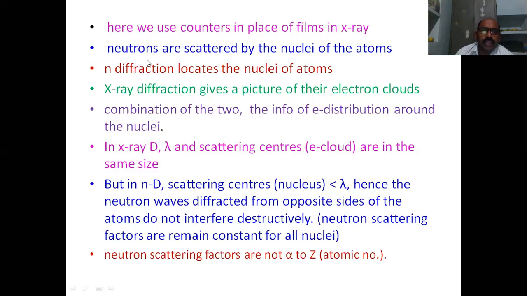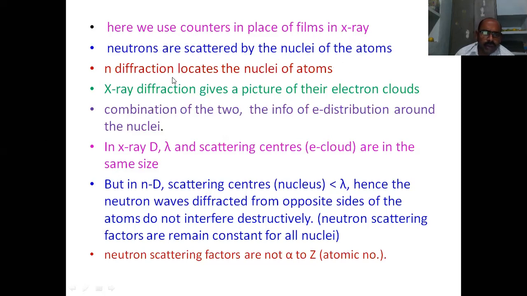The neutrons are scattered by the nuclei of the atoms, whereas X-rays are scattered by the electron clouds of atoms.